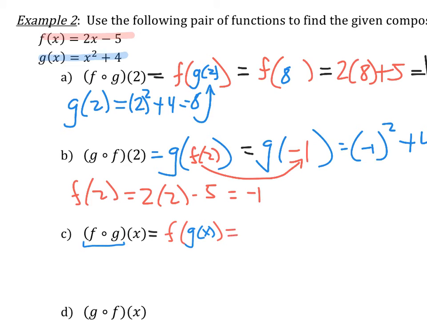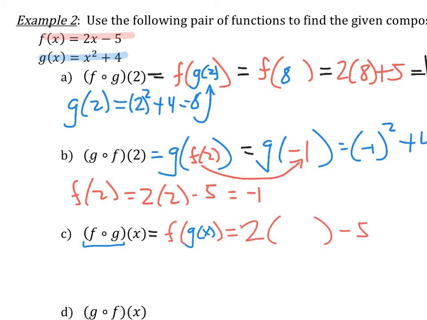Well, what is f? f is 2 times x minus 8, or 2 times the input minus, I said 8, meant 5. 2 times the input minus 5. All right, so when you write this out, let's write the function out and just leave a blank where the x is.